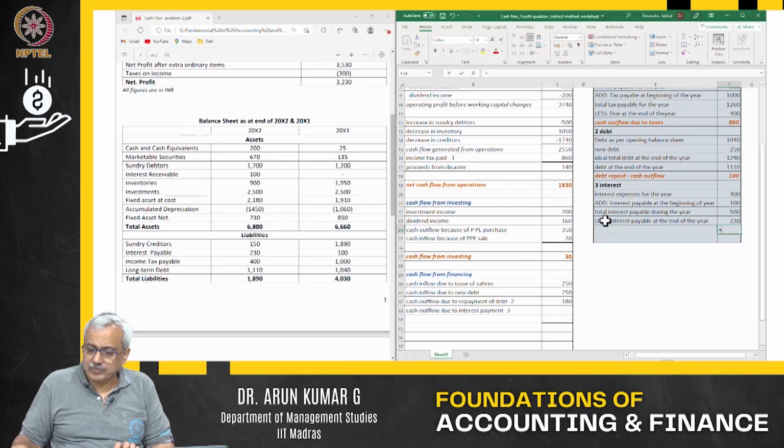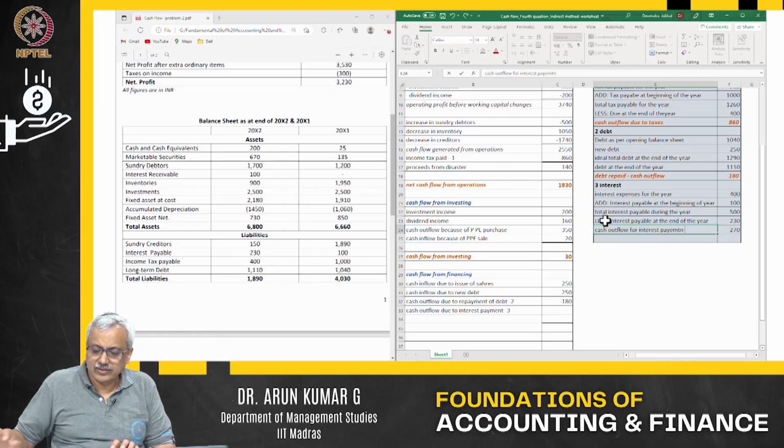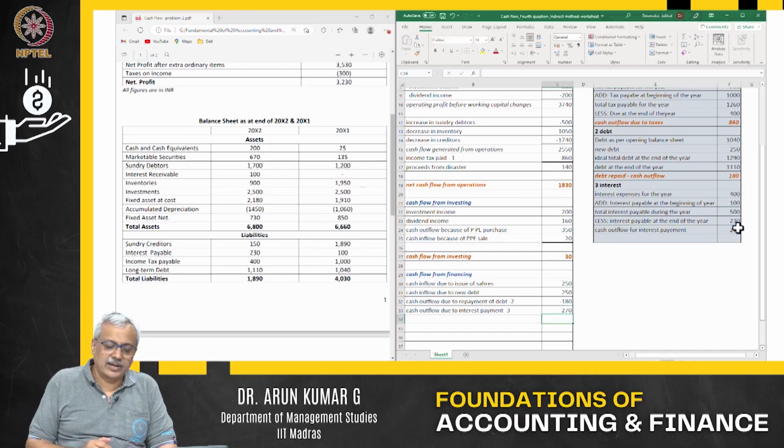That means what is the amount of interest that is totally paid? The cash outflow for interest payment is 270. So, cash outflow for interest payment $270, I will take it here.